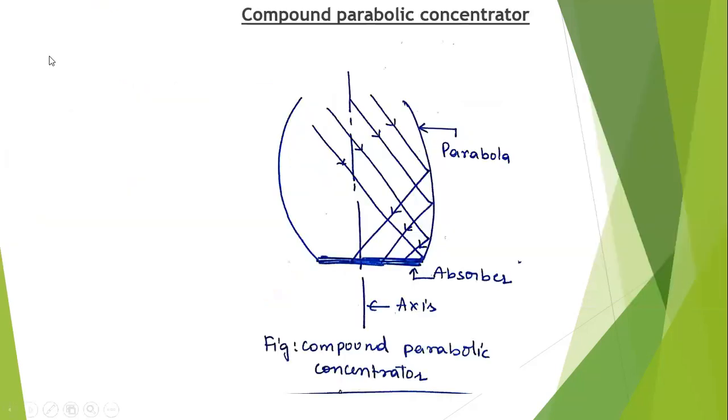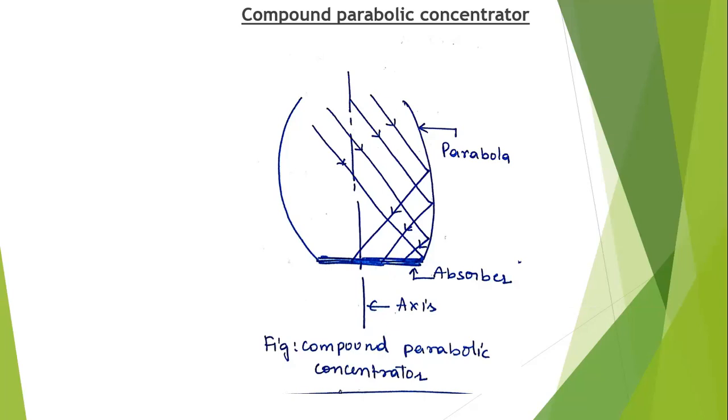This is the last type of parabolic concentrator we are seeing. It is called the compound parabolic concentrator, named depending upon its design. In short it is called CPC, and another name for the compound parabolic concentrator is the Winston collector, named after the scientist Winston.